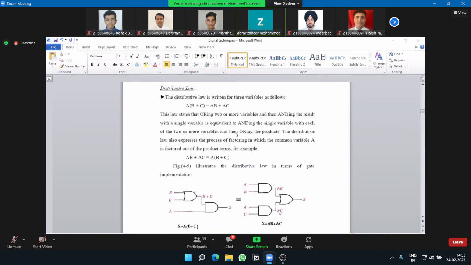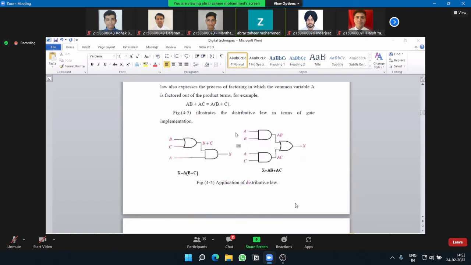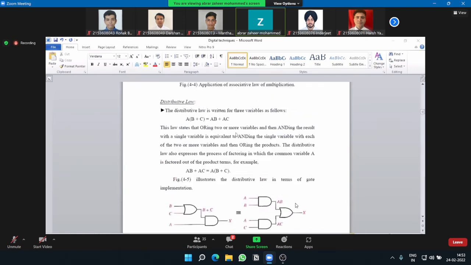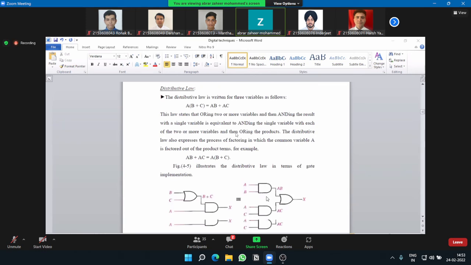Here A and C are the input to this AND gate. And AB and AC are given as the input to the OR, the output is AB plus AC. So this is the distributive law, that is A into B plus C is equal to AB plus AC.